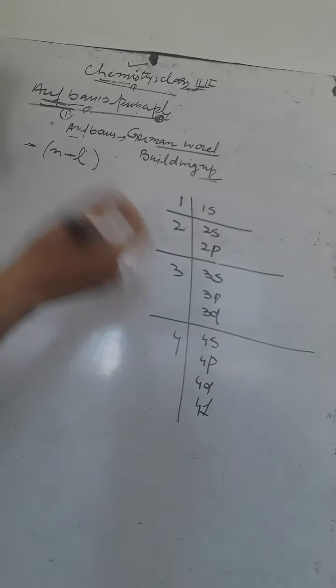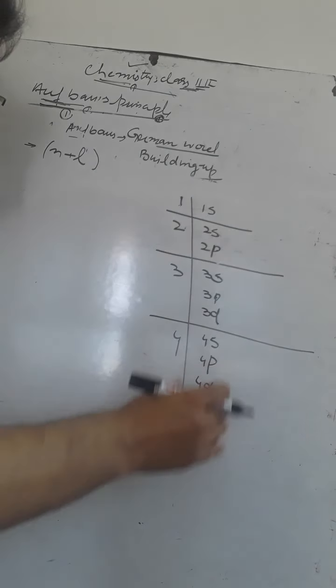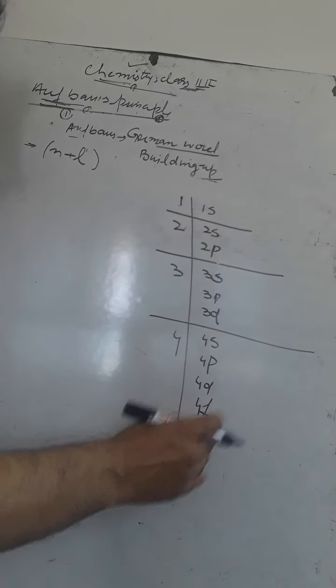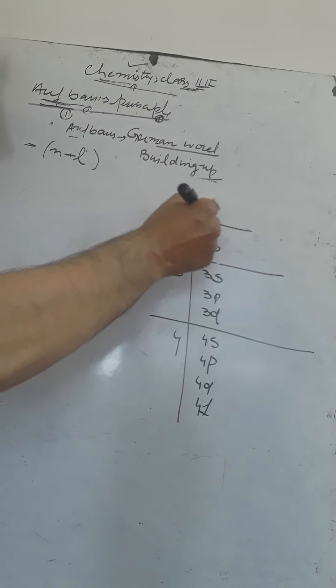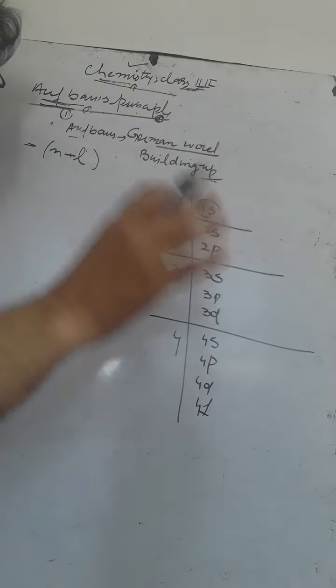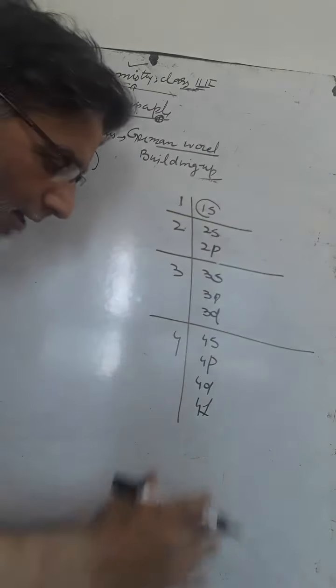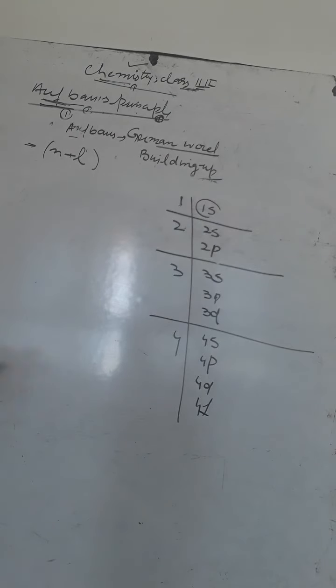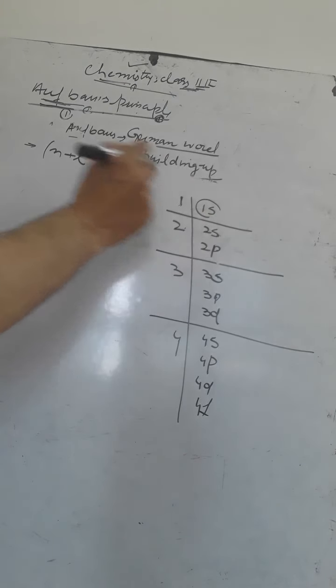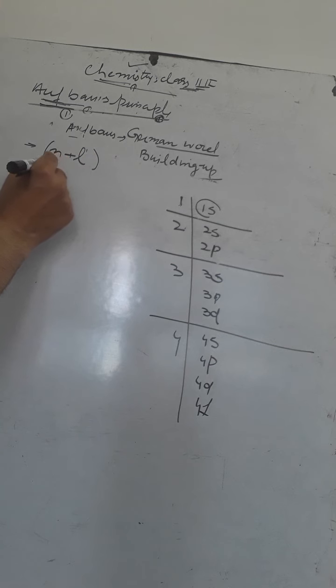When we fill these orbitals, we should know the energies. For example, 1s is filled first, which means it has the lowest energy among the orbitals. The energy of 1s can be derived from n plus l.